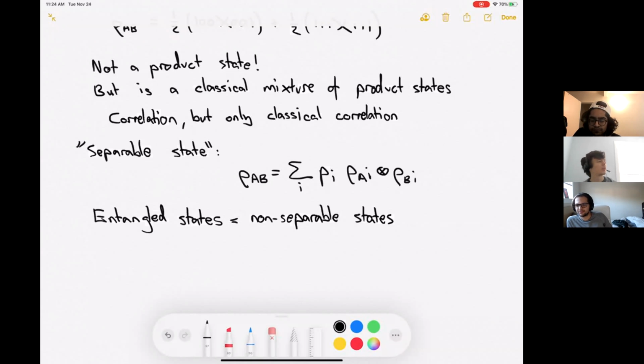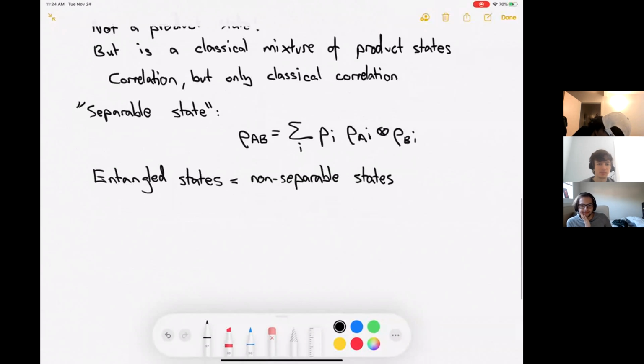Let me think about this. Yeah, good. I think the answer is that they won't be density matrices. They'll just be completely arbitrary matrices, and okay, thank you.